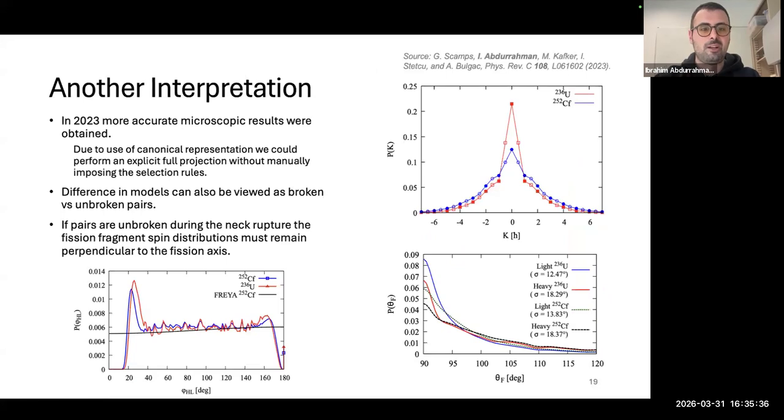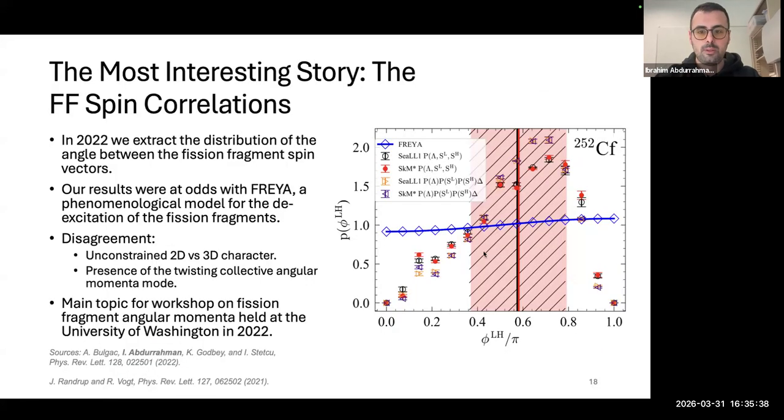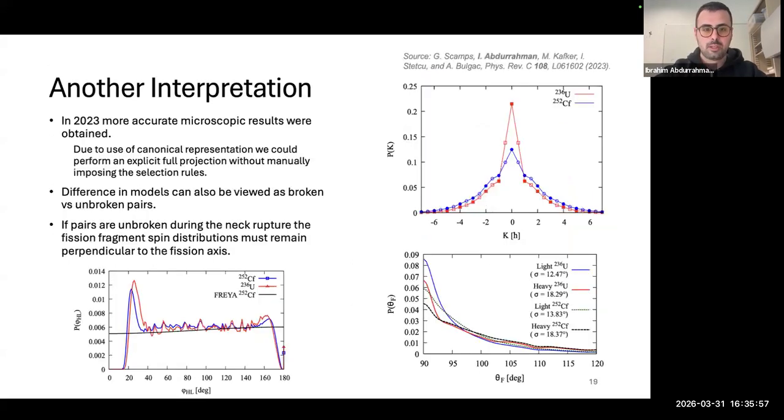I will say when we achieved this first result, we used an approximation for how we restored the symmetry, because at the time the computers and our framework were not advanced enough to actually do the full restoration.